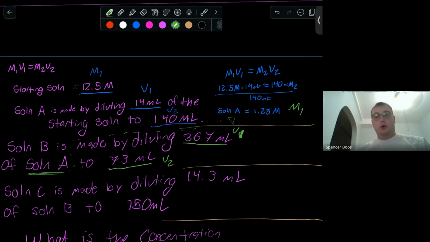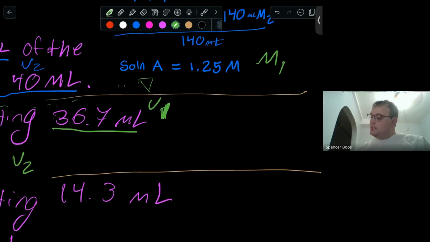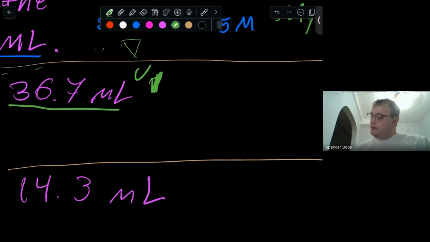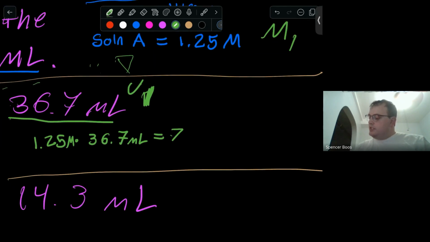So again, all we calculate is the molarity of solution B. In this instance, that would be 1.25 molar times 36.7 milliliters is equal to 73 milliliters times M2 to find molars.